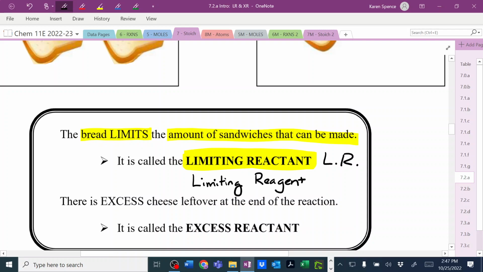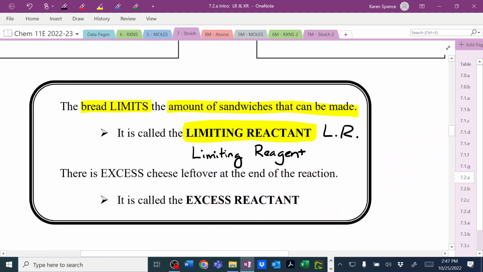Reagent and reactant just mean the same thing. There is excess cheese left over at the end of the reaction, and therefore we call it the excess reactant. And I will often abbreviate this, not an official abbreviation, as XS, excess.